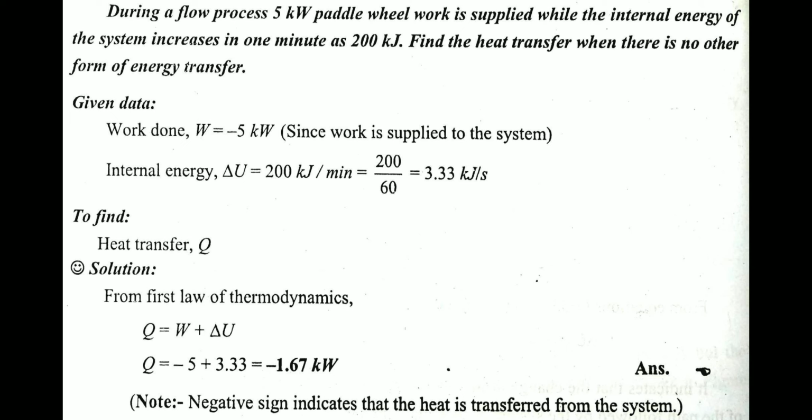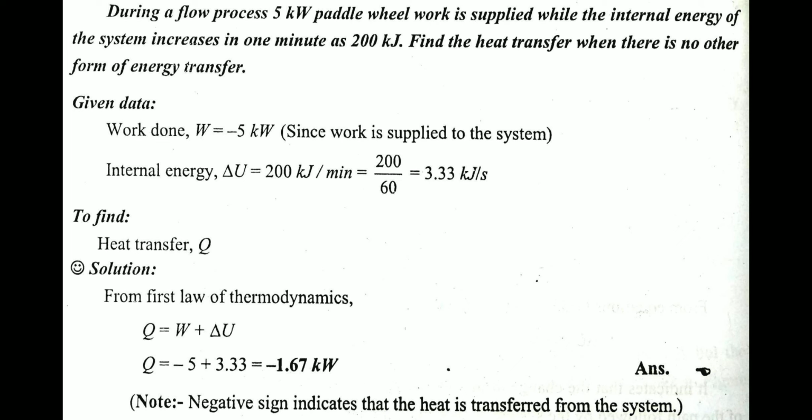While substituting in the equation, all the units must be the same, then only we are able to add or divide anything. If the work done is in kilojoule per second, delta U should also be in kilojoule per second. For that I divide by 60, and I got 3.33 kilojoule per second.